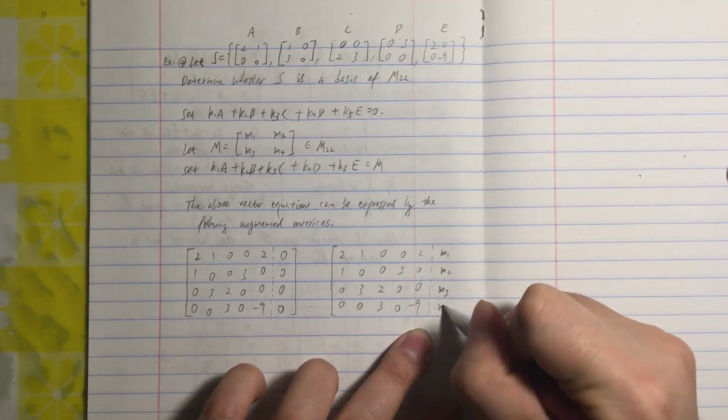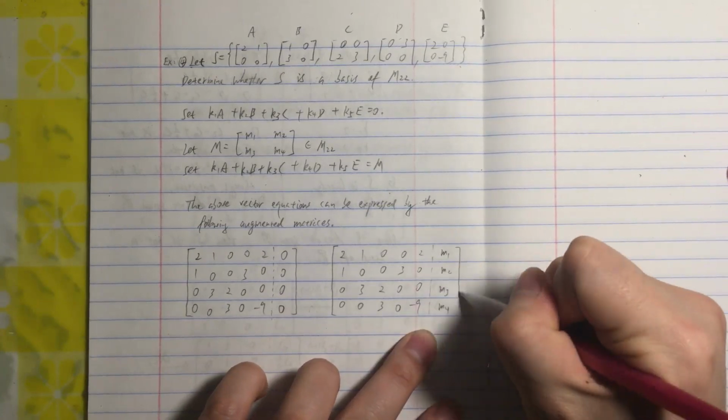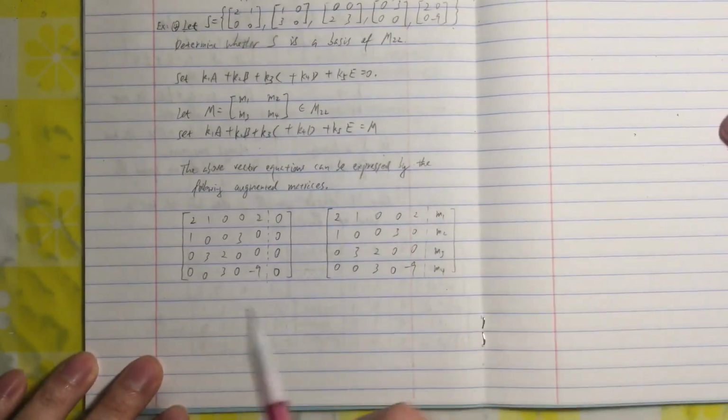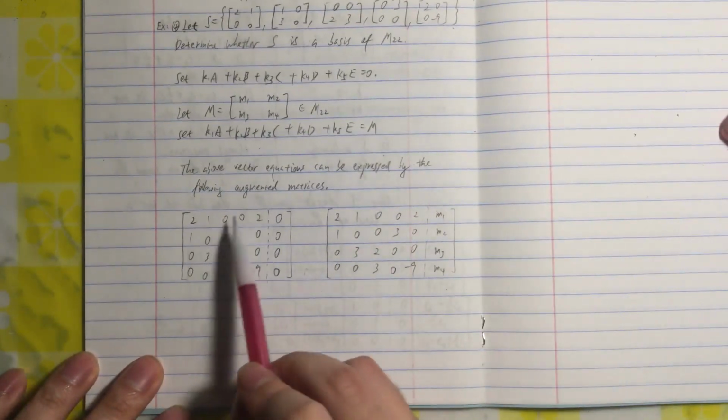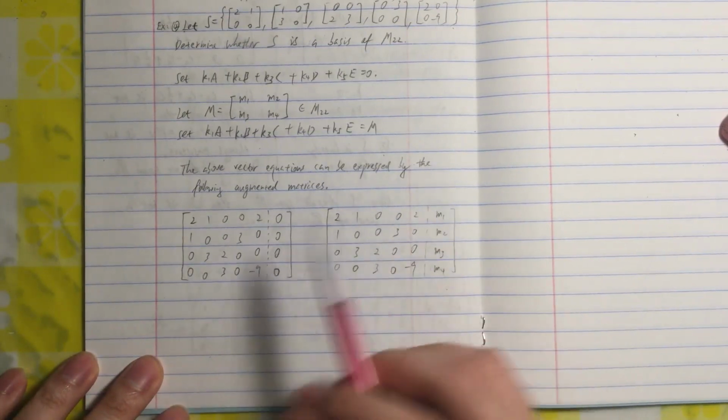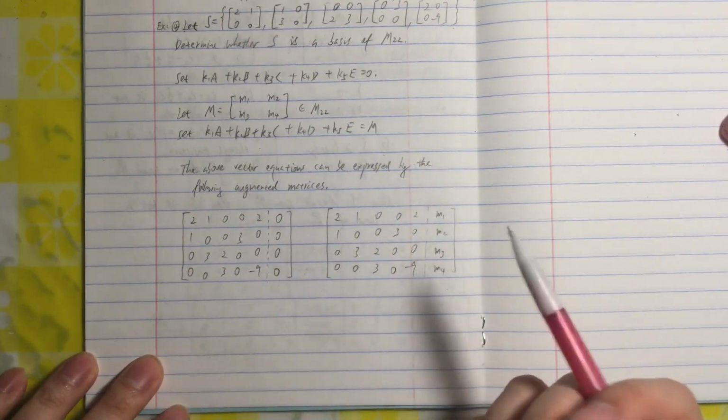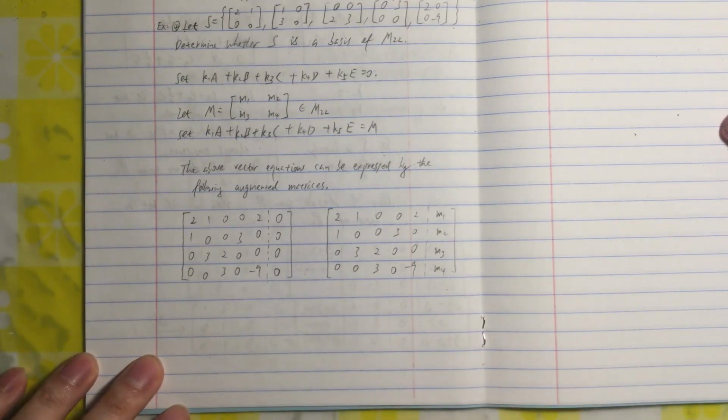Since the matrix in front of the constants is not a square matrix, we cannot take the determinant of a non-square matrix. So Gauss-Jordan elimination is the only choice for us.